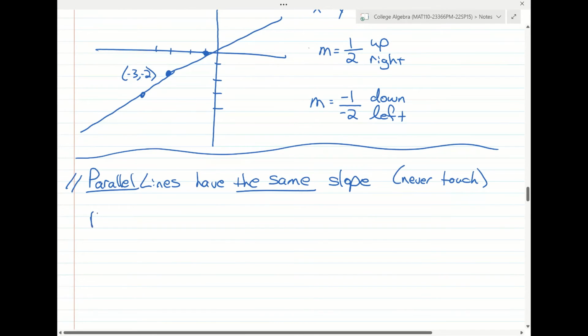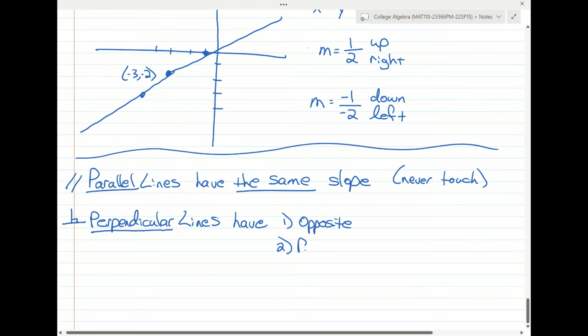We also are going to talk about what's called perpendicular lines. Perpendicular lines cross at a 90-degree angle, and they have opposite and reciprocal slopes.